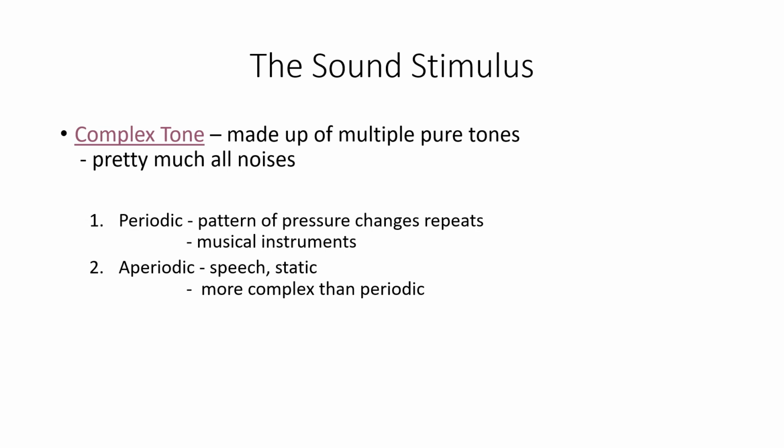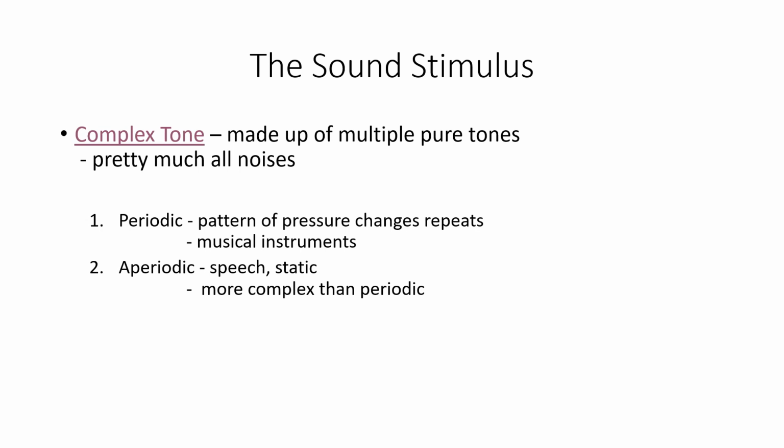And it's good to distinguish, just for our understanding, that most of what we'll be talking about in music is periodic. As we are holding a note on a musical instrument, we're going to see that same pattern of pressure changes repeating multiple times per second, depending on whatever the frequency is.